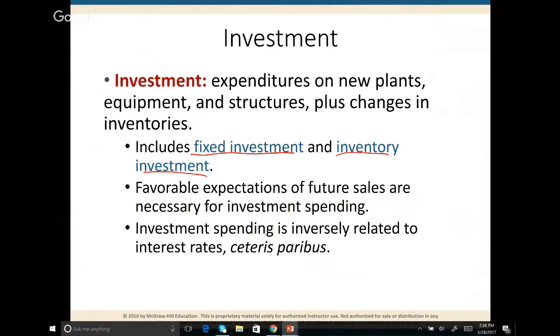Fixed investment is anytime a company adds new plants, new equipment, new tools. And inventory investment is when a company has unsold inventory that we're going to sell next year. This will increase our next year's sales. So that's another part of investment too.